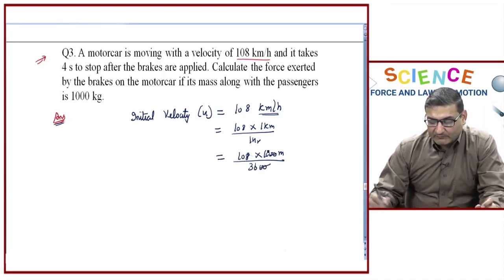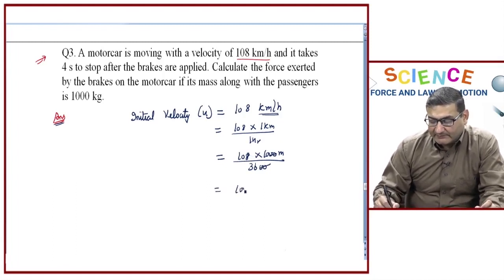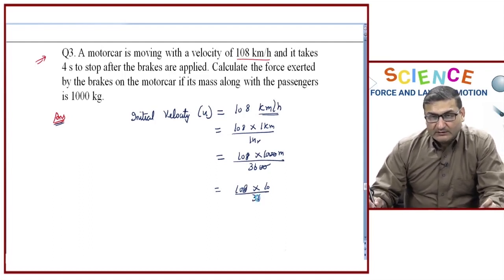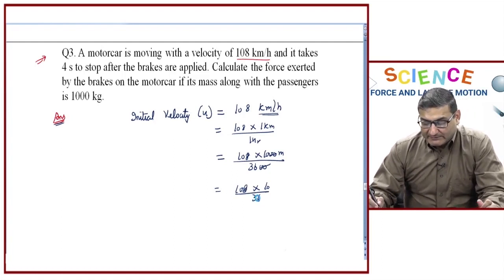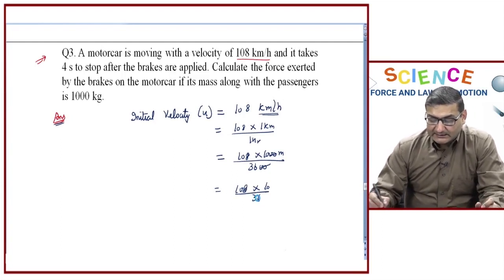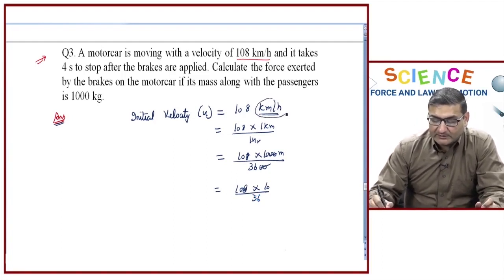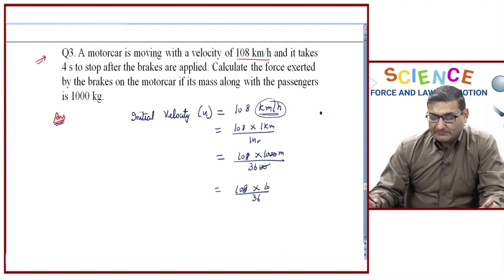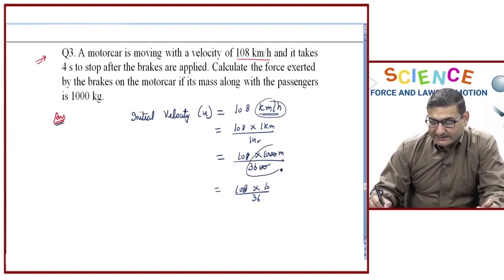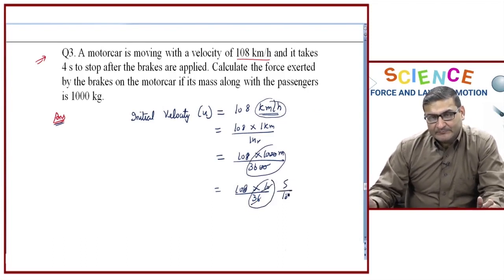Cancelling it out, what we will get is 108 multiplied by 10 upon 36, right. Now you all must be aware, I have already mentioned in my previous lectures, that whenever we are going to convert kilometer per hour into meter per second, it basically comes out to be 5 by 18, right.